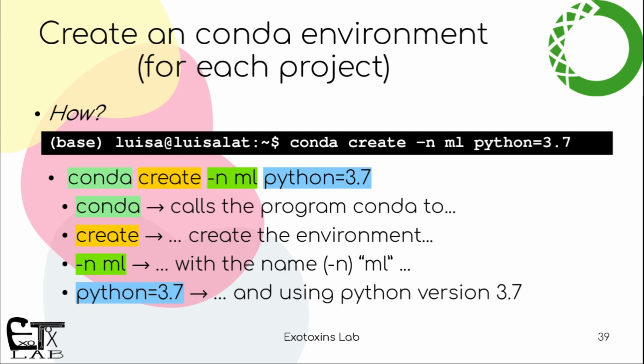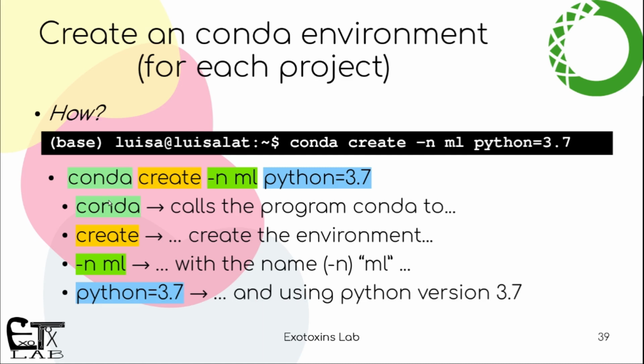So how do we create a conda environment from scratch? Usually what I do is use the command conda create, which creates a new environment. I give it a name, in this case ML, and I tell it which version of Python I want to use. When you read this whole thing, this is the prompt, and the first word is calling the program, in this case conda.